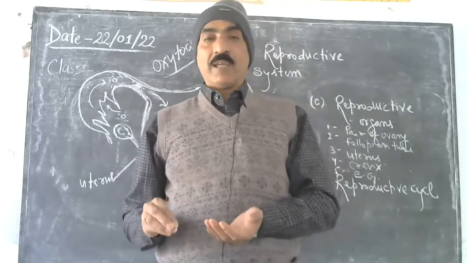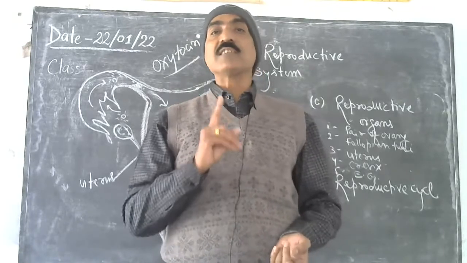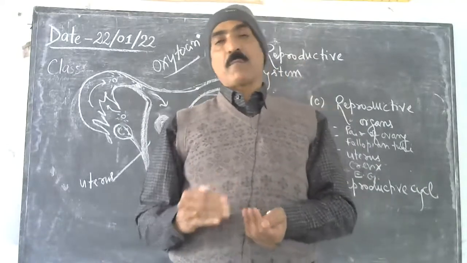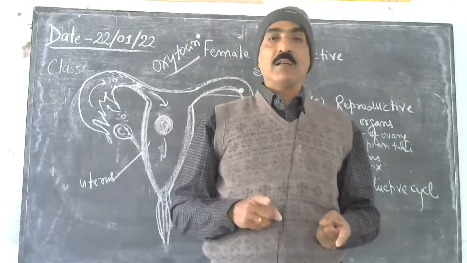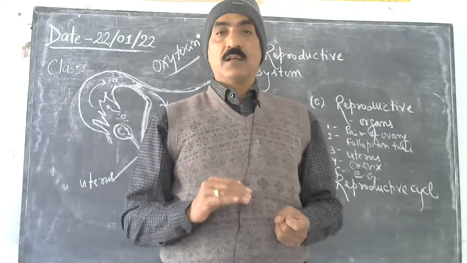Unlike the male, in female, gamete formation occurs once in a month. हमने जैसा मेल में बताया कि gamete formation continues throughout day and night, but in female, gamete formation occurs once in a month.